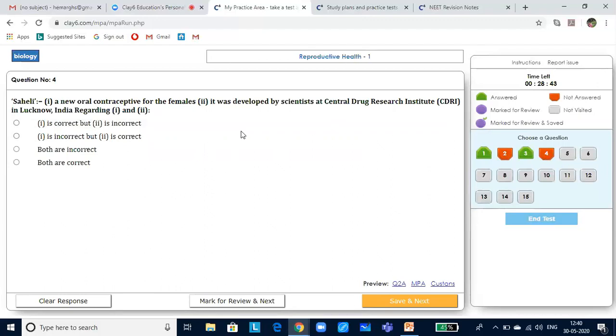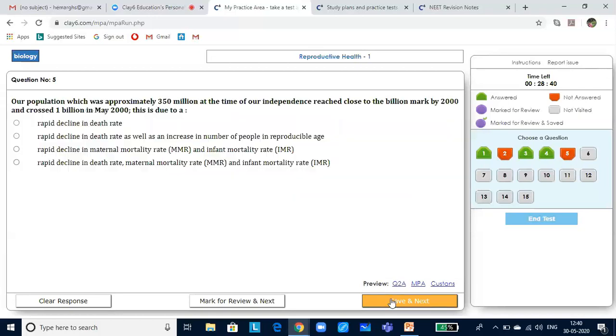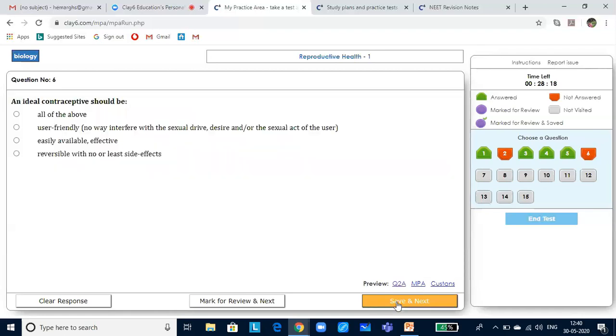Regarding 1 and 2, both are correct. Our population, which was approximately 350 million, reached close to the billion mark by 2000 and crossed 1 billion in May 2000. This is due to a rapid decline in death rate, maternal mortality rate, and infant mortality rate.